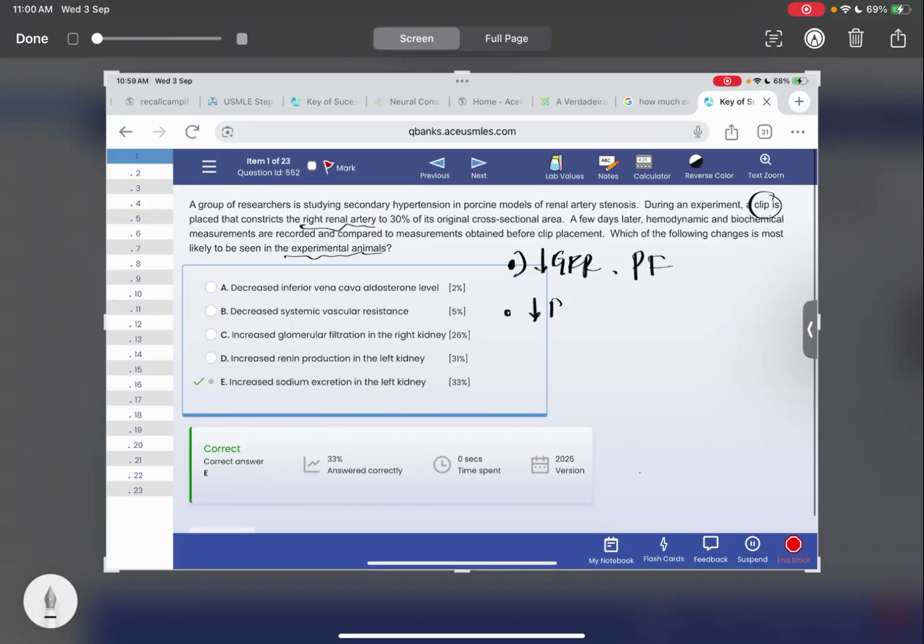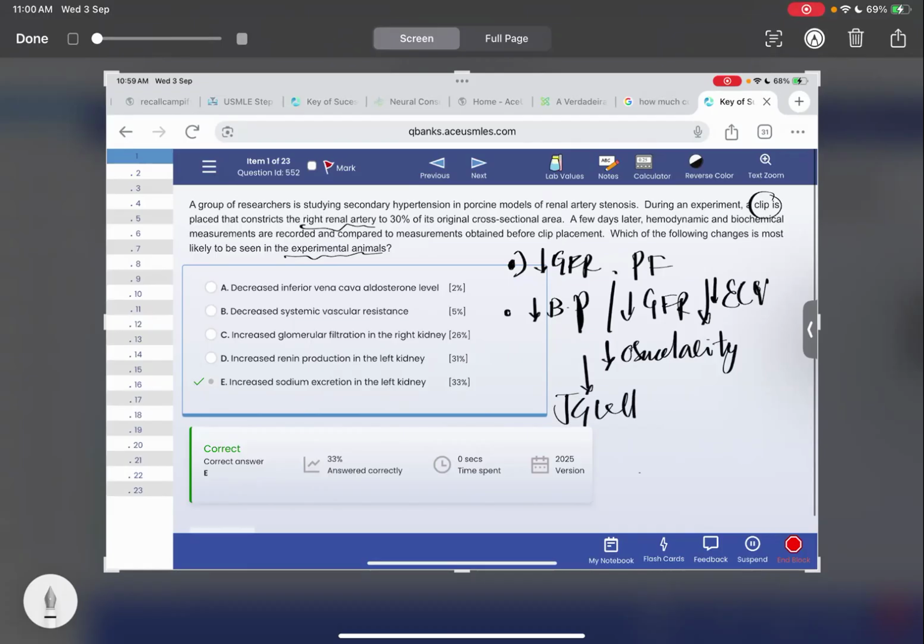And in case of low blood pressure or decreased GFR or decreased effective circulating volume or decreased osmolarity, the juxtaglomerular cells will secrete renin and activate RAS, okay?